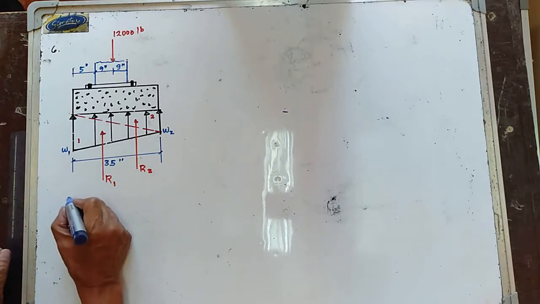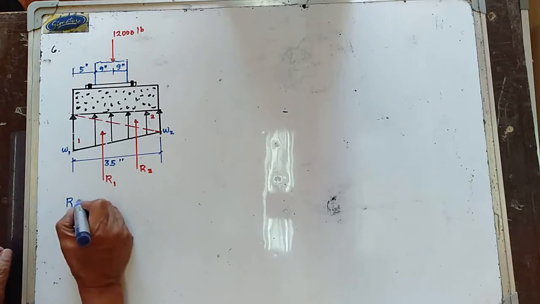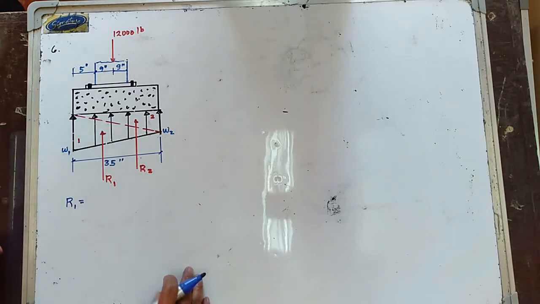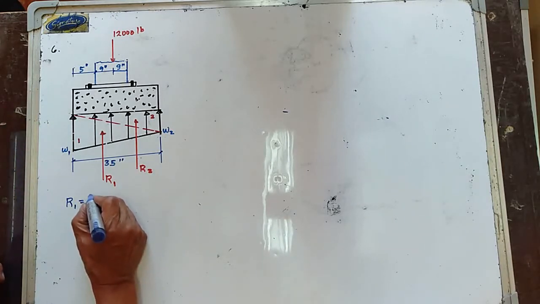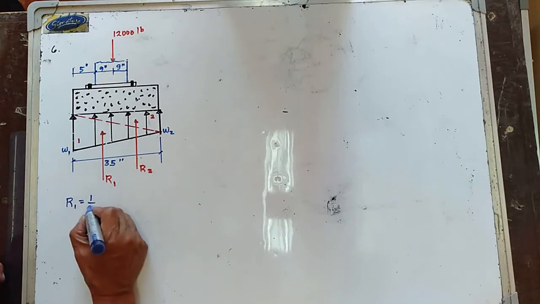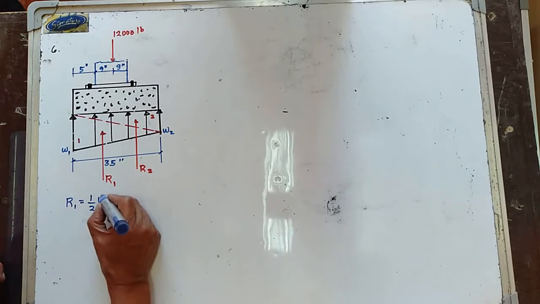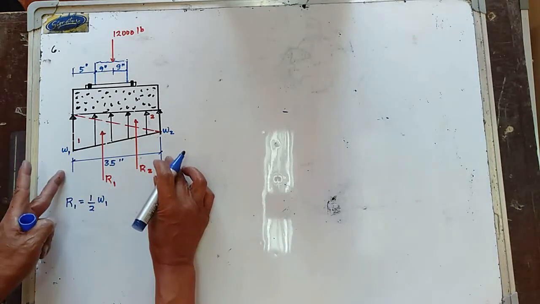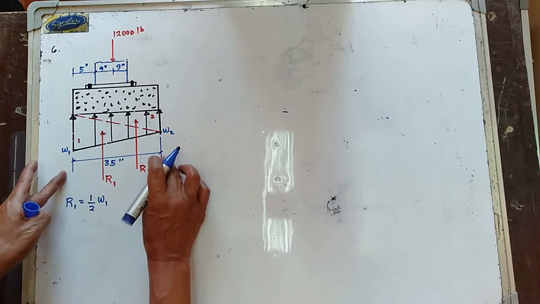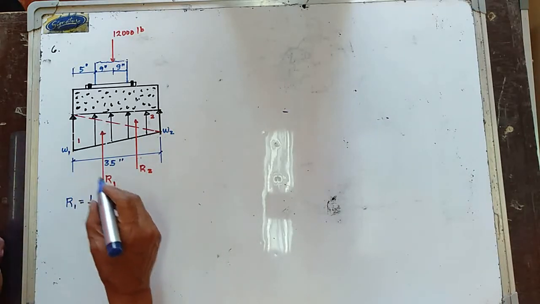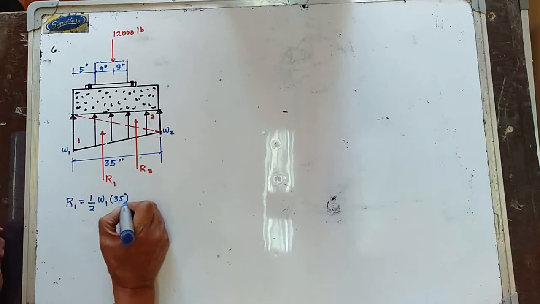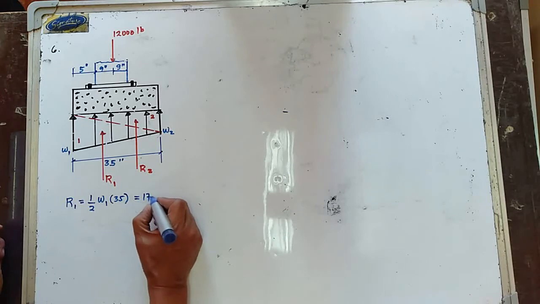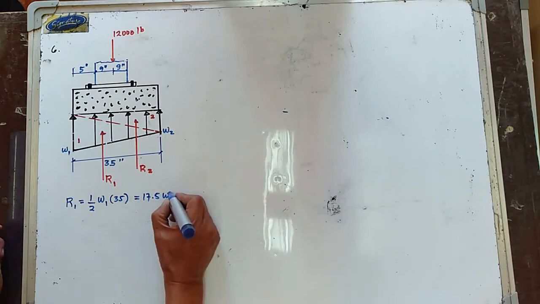So the value of R1 is equal to the area of the load diagram, and the area of the load diagram is now equal to 1/2 multiplied by W1 multiplied by 35, and this is equal to 17.5 W1.